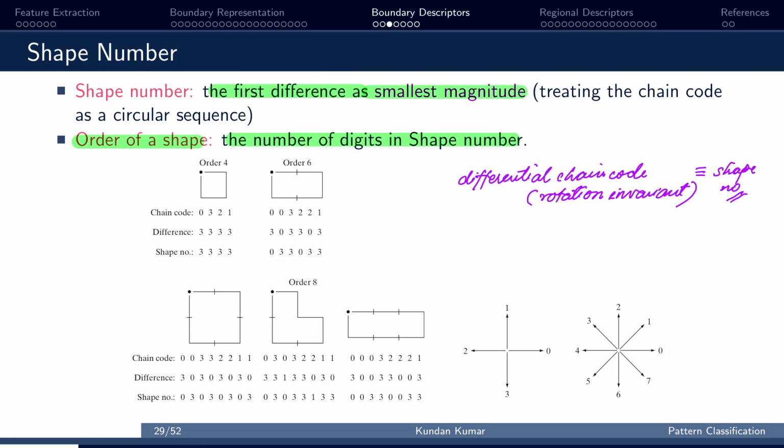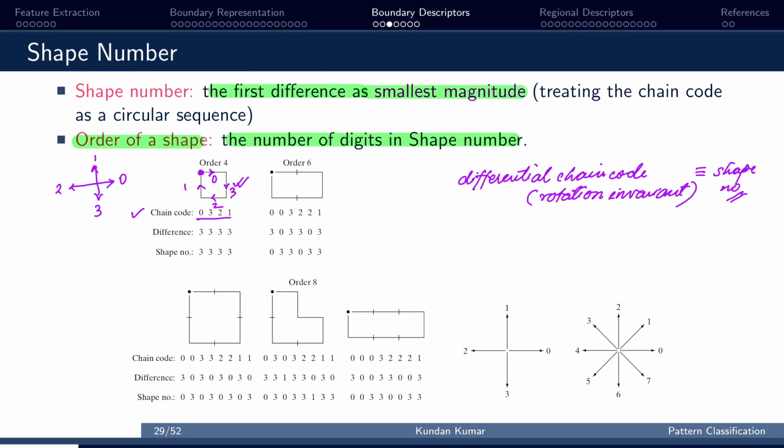Suppose here we have one boundary. Okay, so we can write the chain code using a 4-directional encoder. So it is 0, 1, 2, 3. From the top left corner we will start, and we will traverse in the clockwise direction over the boundary. So this is 0, this will be 3, this will be 2, and this will be 1.